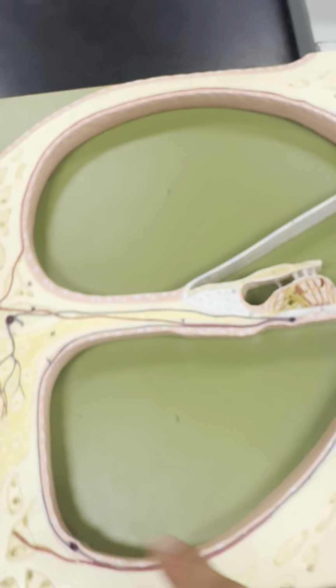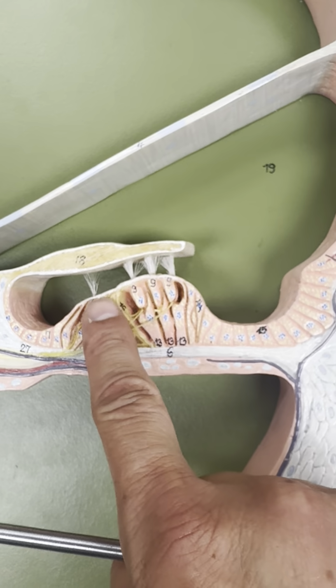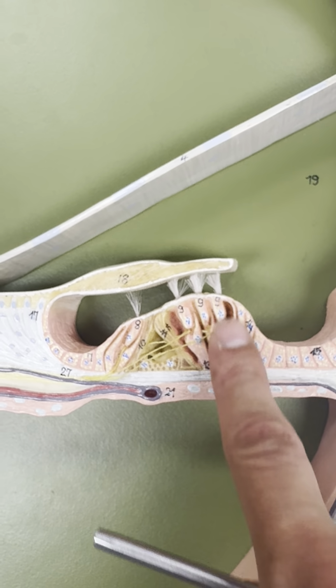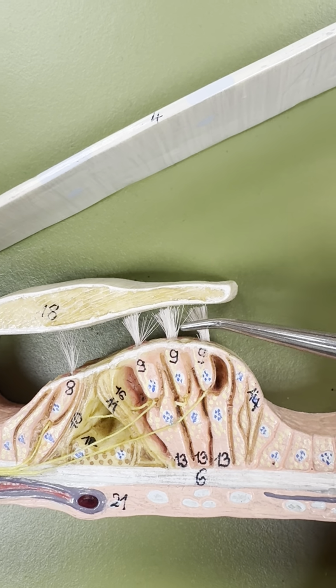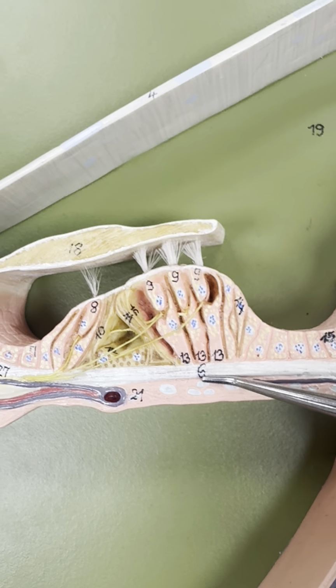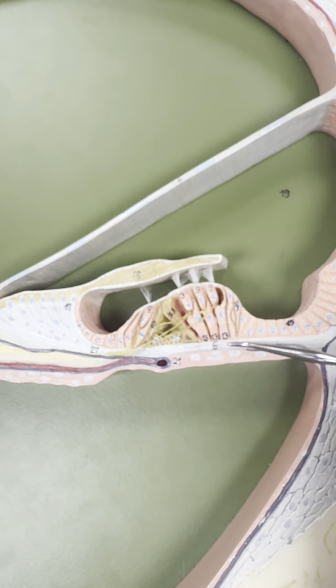Right, so this here is representing your cochlea. And as you see here, you see this major structure here, which we know of as the organ of Corti or spiral organ. And you'll see that you have the hair cells here, these bristles that are part of your organ of Corti that's resting on this structure here, which we know of as the basilar membrane.